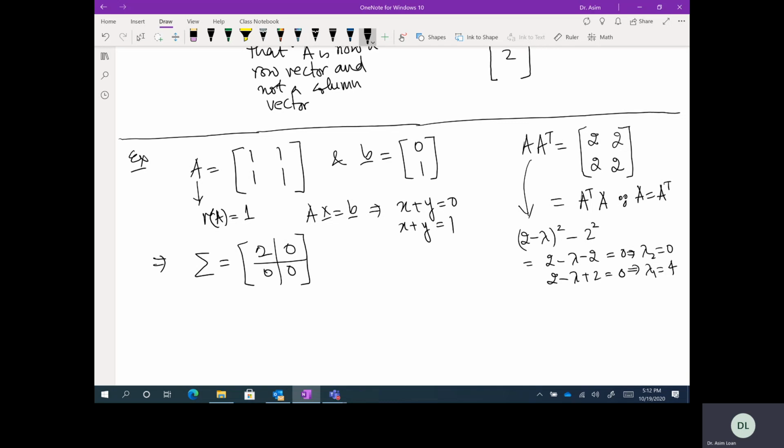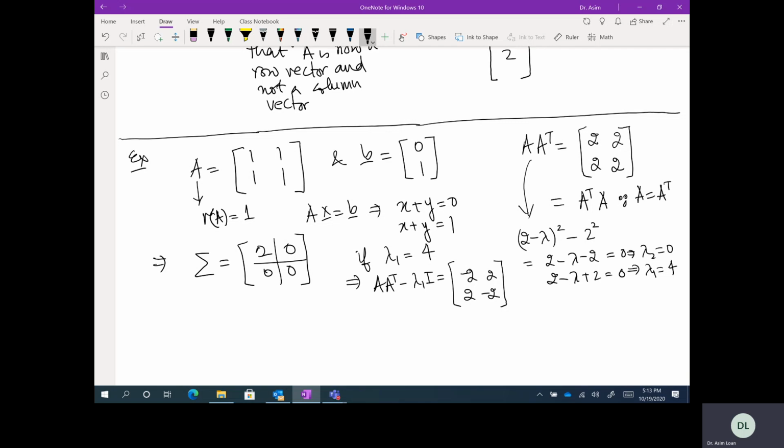My eigenvectors, for U or V, are the same thing because the matrix is symmetric. If lambda 1 equals 4, then A transpose A minus lambda 1 I equals minus 2, 2, 2, minus 2.